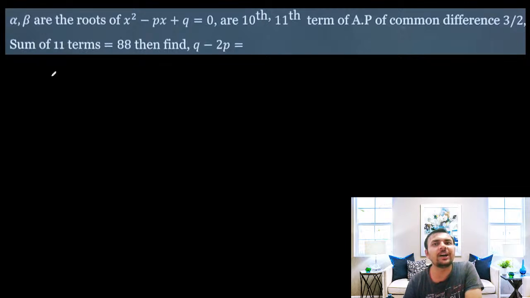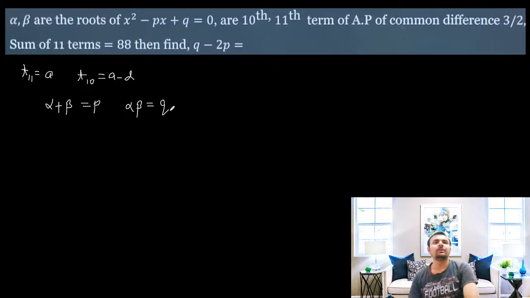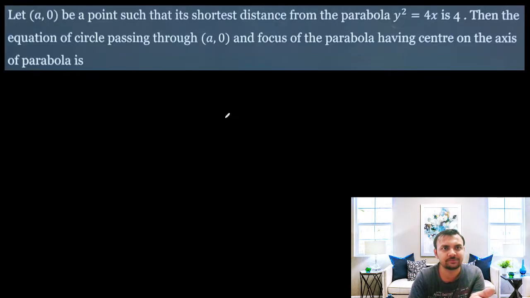So we'll put 11th term as a, and 10th term will be a minus d. Okay, so alpha plus beta is p, alpha beta is q. This type of question we did earlier. Before this, we have done this question. Okay, we have solved this question.